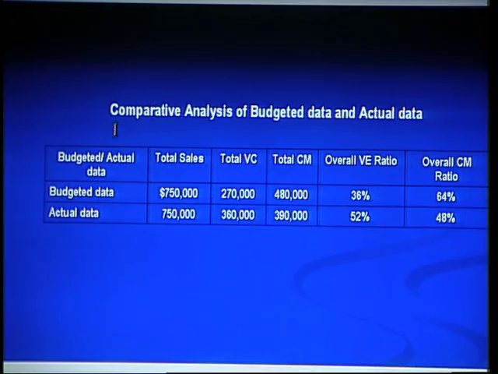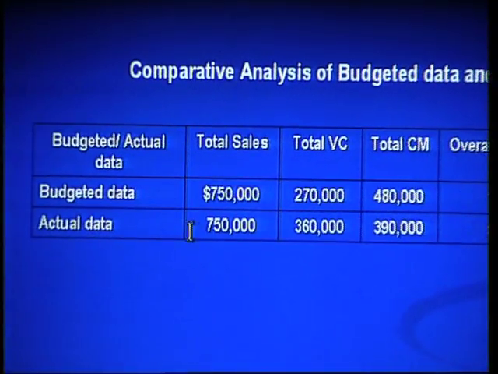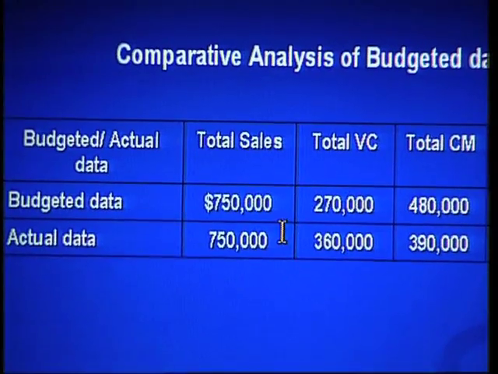Look at the comparative statement between the budgeted data and the actual data. What you can see. Dear students, let us look at a table that shows the comparative analysis of budgeted data and actual data. The total budgeted sales and the total actual sales are same, you can see.